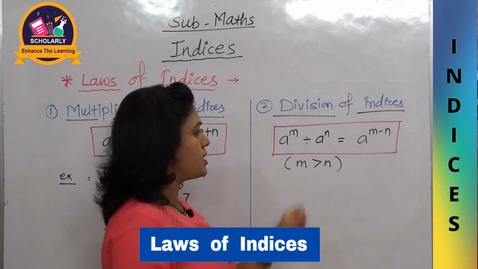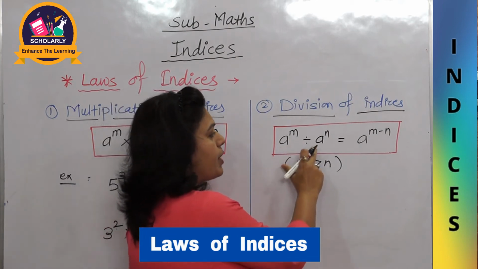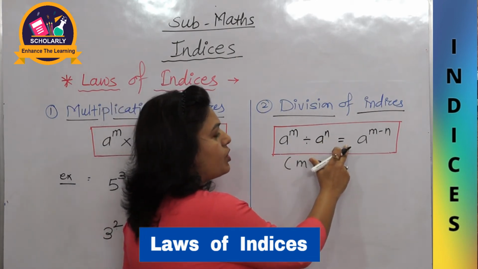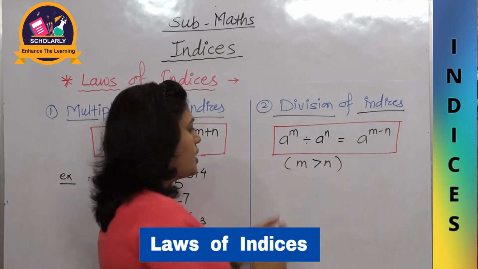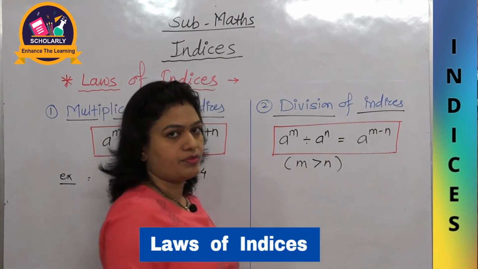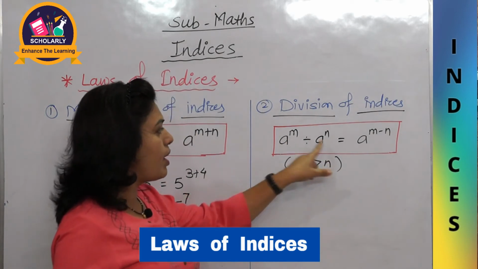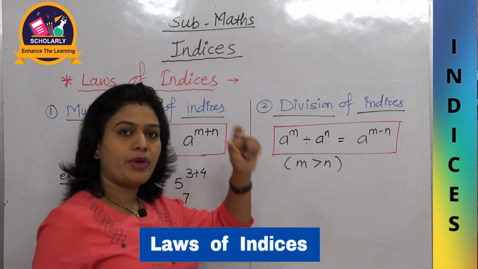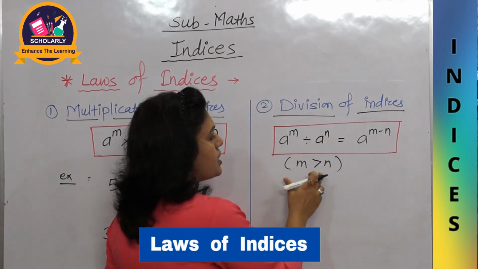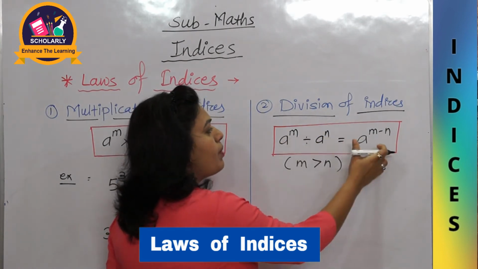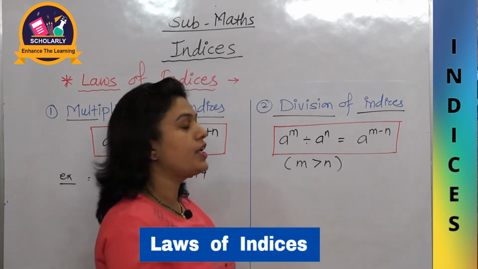The division of indices, a raised to m divided by a raised to n is equal to a raised to m minus n, where m is greater than n. M and n are the powers where a is the base. Same base having different powers where m is greater than n, then the powers got subtracted in division.